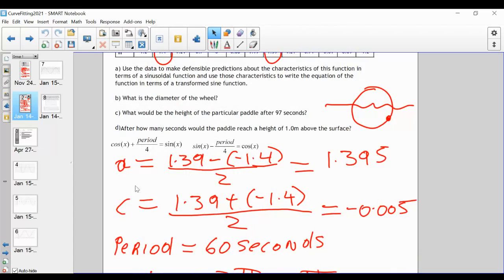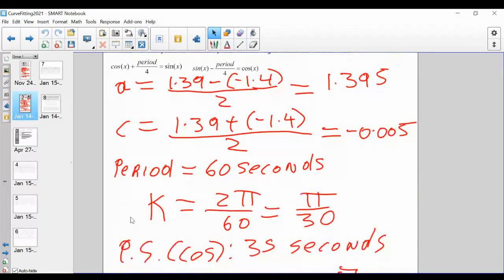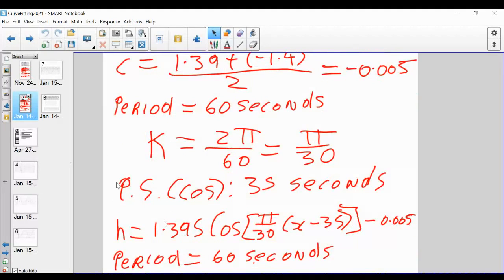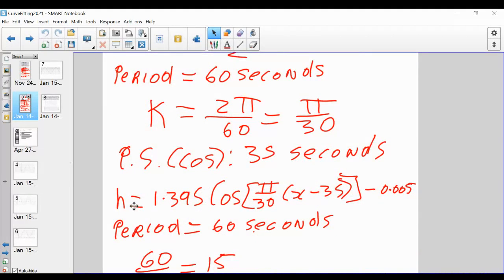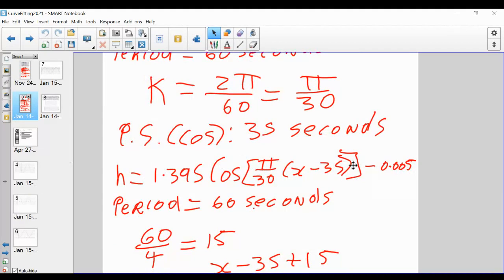We figured out the A, we figured out the C, the period, the K from that, and the phase shift. Then, using all of that information, we came up with a cosine function, which is this function I'm pointing to right now.